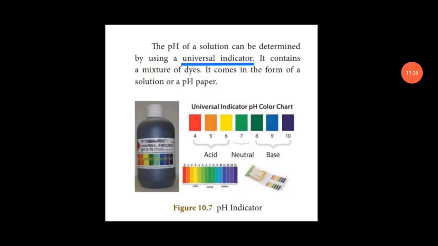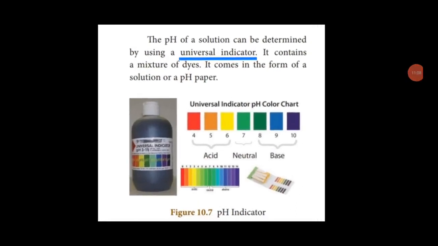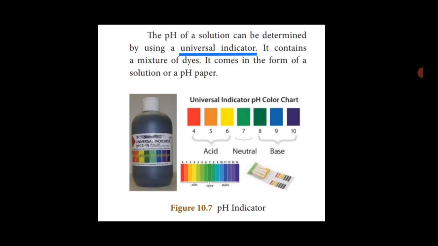The pH of a solution can be determined using a universal indicator. It contains a mixture of dyes and comes as a solution or as pH paper. In the universal indicator color chart, red is pH 4, orange 5, and yellow 6.